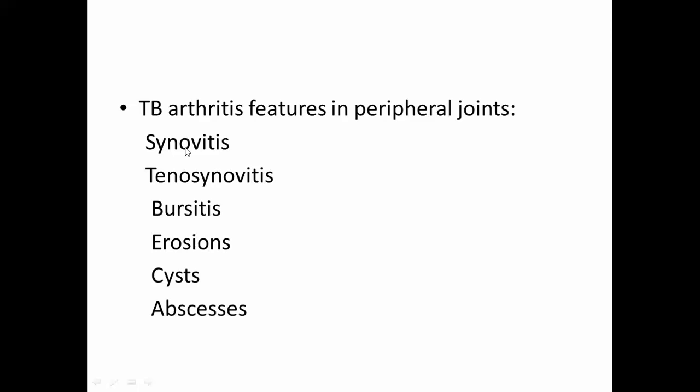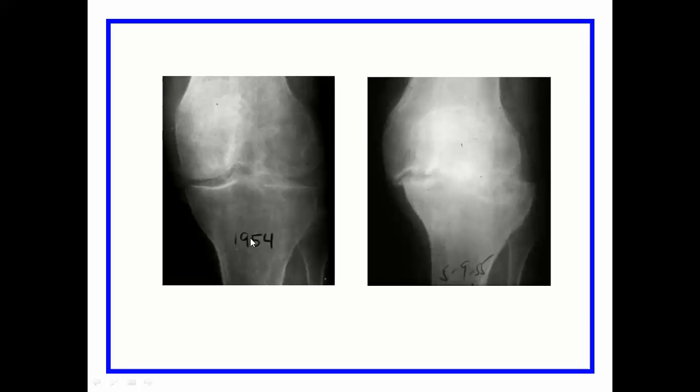In all of these, TB characteristics in peripheral joints is mainly proliferation of synovium and cyst formations. Here we can find the pseudocyst formations around in the opposing surface of bone, subluxation, and synovial thickening around.